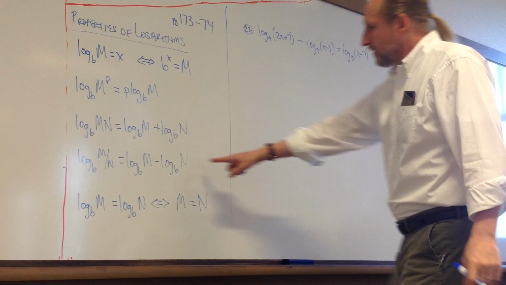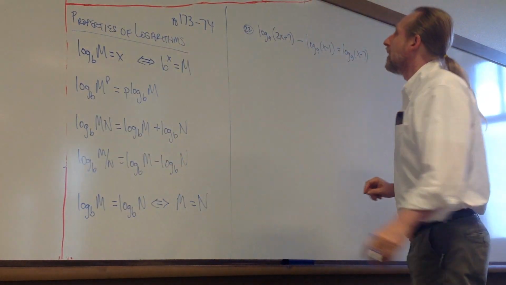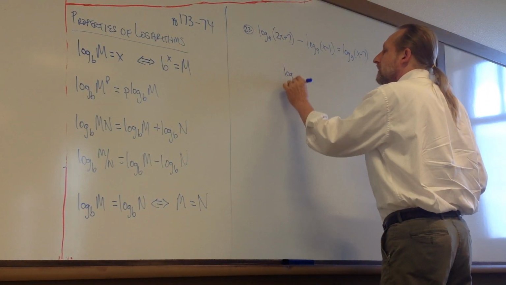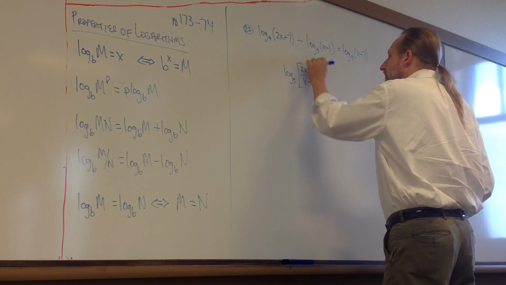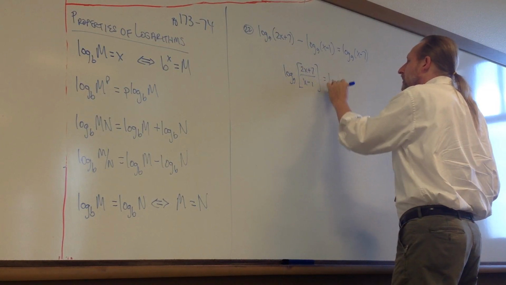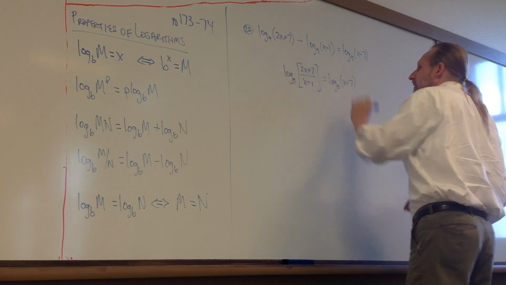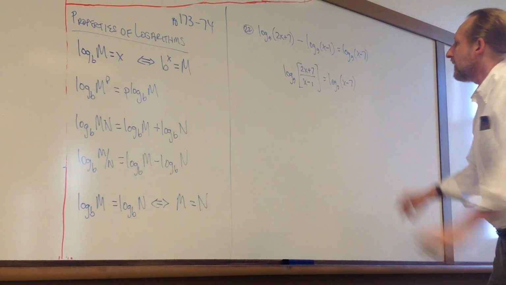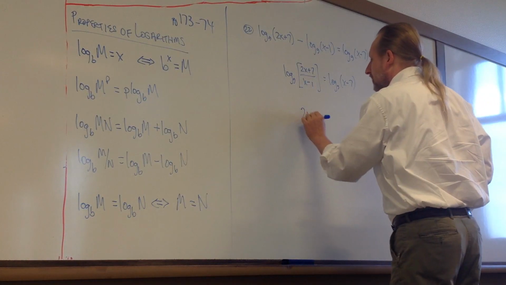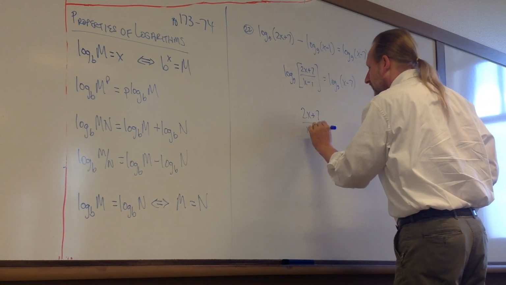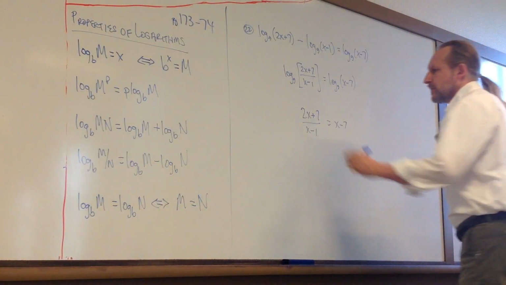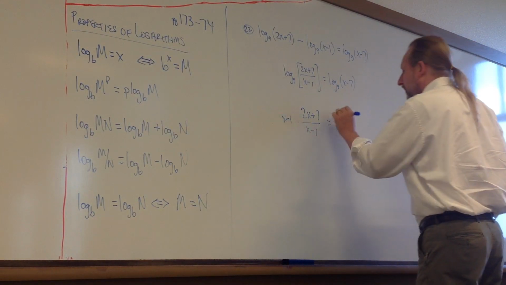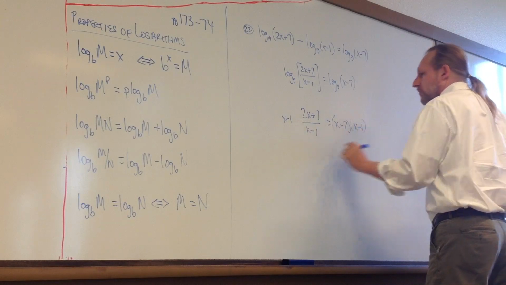Again, we're going to use this property right here. We'll rewrite this as log to the base 9 of 2x plus 7 over x minus 1 equals log to the base 9 of x minus 7. And then again, pull these out and set them equal to each other. Then we want to clear out this denominator, so multiply on both sides by x minus 1.